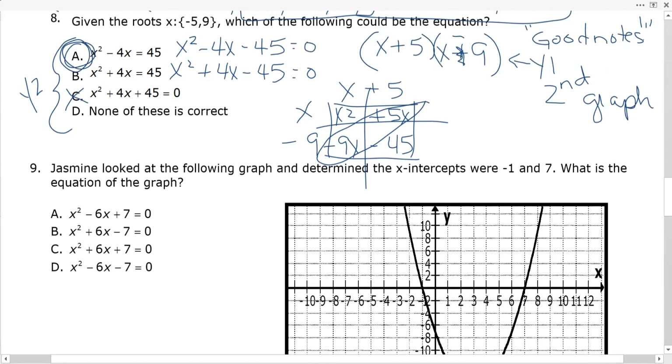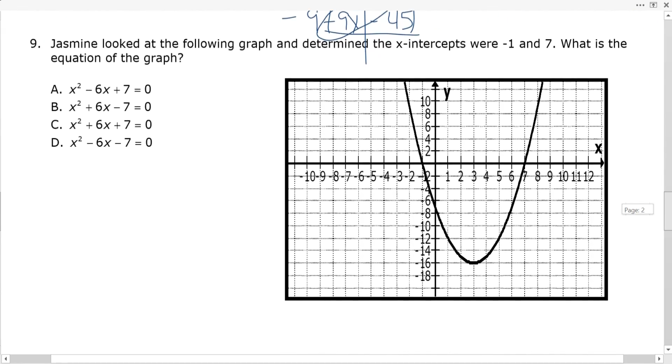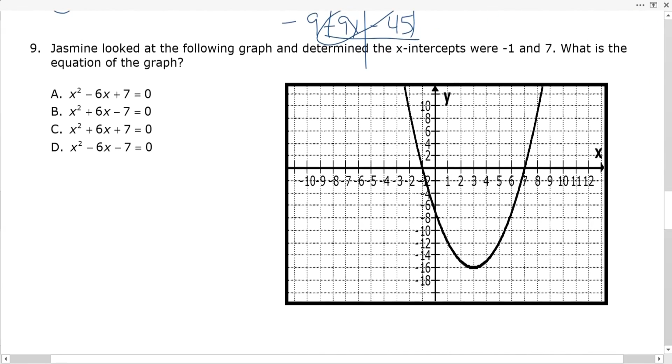Okay, I'm going to do the same thing with number 9. I could put these in my calculator, graph them, and see which one comes out looking just like the picture. That's one way to do it. But if I already know my intercepts, and I can say x equals -1, x equals 7, then I have x plus 1 times x minus 7.